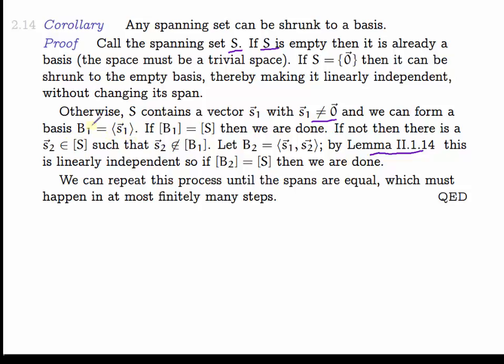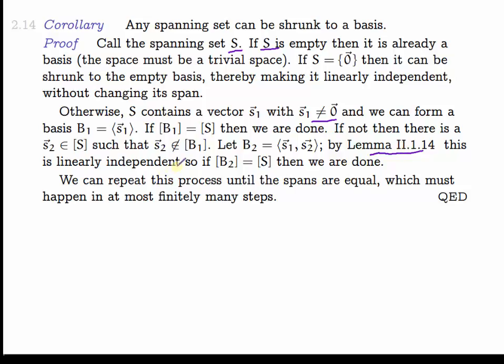Now notice that this basis B1 is not necessarily a basis for the span of S. If it is, then we're done because this basis is a basis of the span of S. If not, then we can find another vector in the span of S, which is not in the span of B1, sorry. So we add to the set B1 this additional vector, and by this lemma, this set is linearly independent.